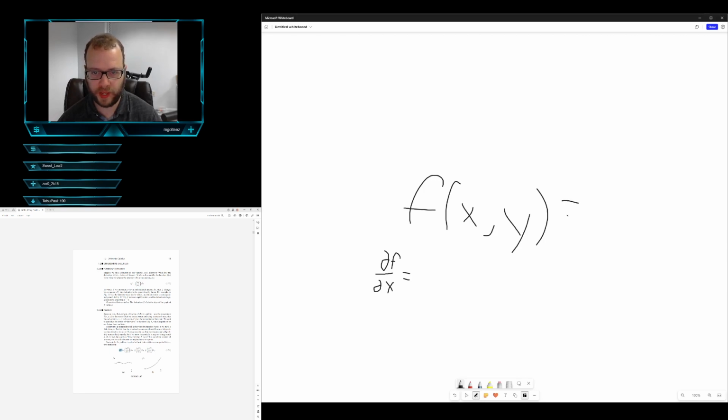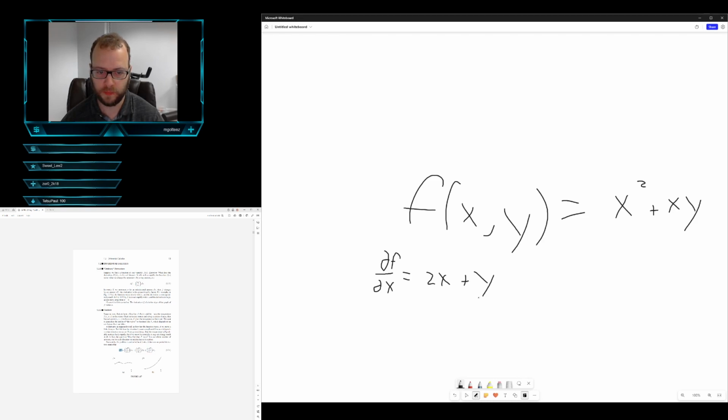So if we had f of x is equal to x squared plus xy, then df of dx is simply going to be, keep y constant. There's no y in here, so we have 2x. We add, we keep y constant, and the derivative of x times the constant is just 1.